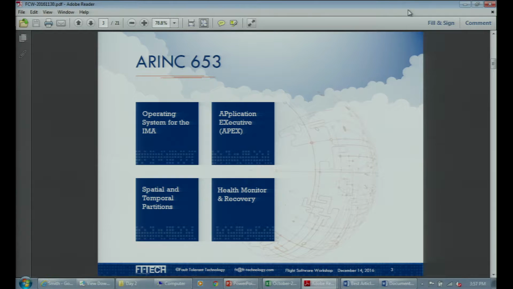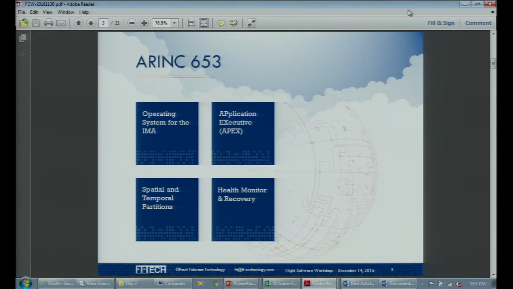Now, as we saw earlier, there used to be a whole bunch of different computers within an airplane or anywhere, and they decided that they would do a server consolidation project and put these all in one place, and they called it the IMA, or the Integrated Modular Architecture. And so they decided, well, if we have it all in one spot, we're going to need an operating system, and so there's a bunch of them, and one of them is ARINC 653.